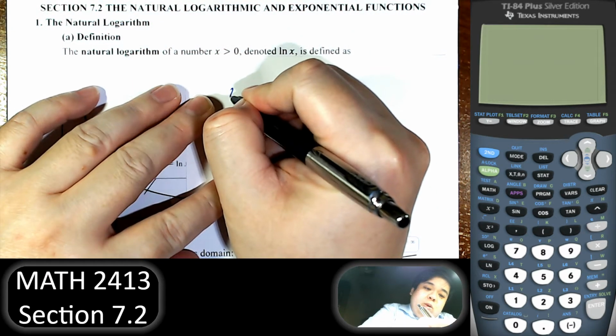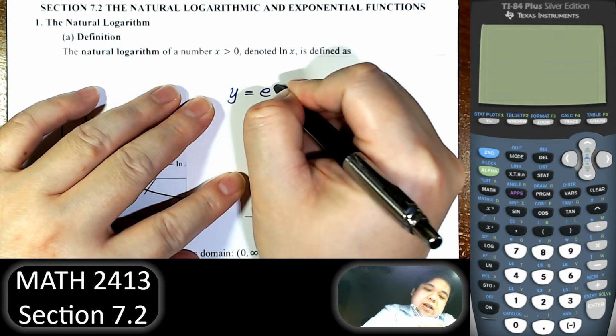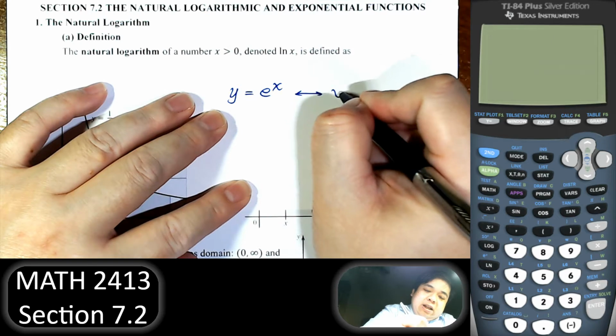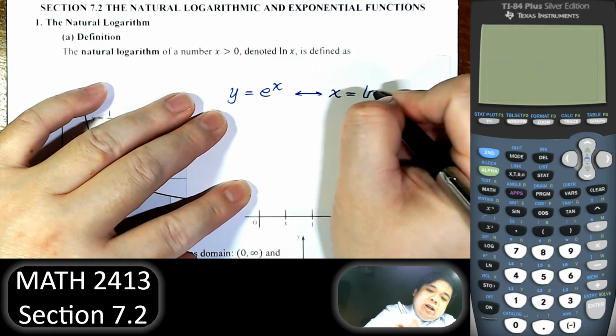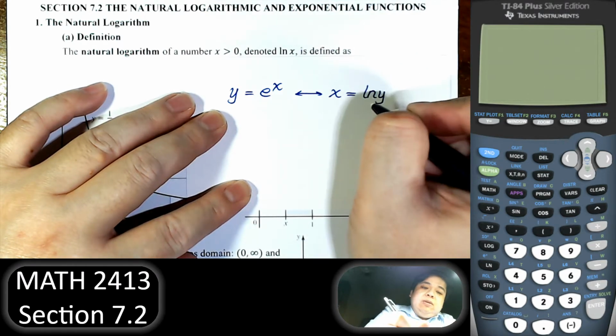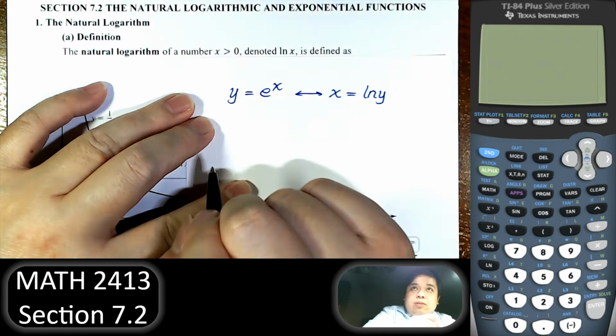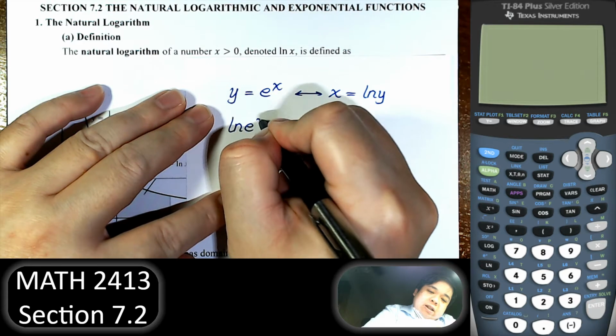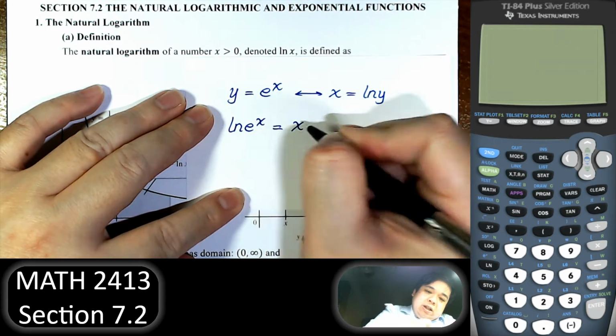meaning that if we have y equal to e to the x, that is equivalent to x equal to ln of y. Or we have the ln of e to the x is equal to x.